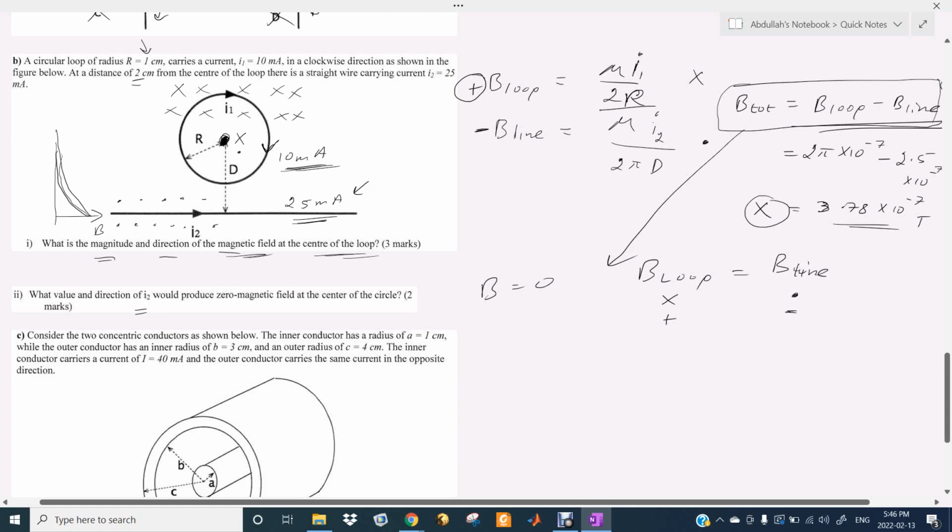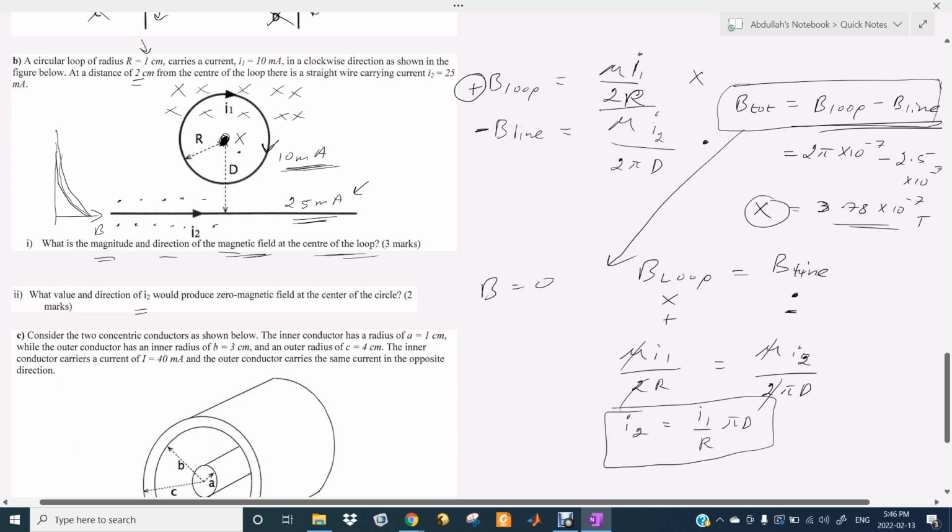So you have to make mu I1 by 2R equal to mu I2 by 2 pi d. The mu's will cancel, the 2's will cancel, and what you will have is I2 equal to I1 by R into pi d.